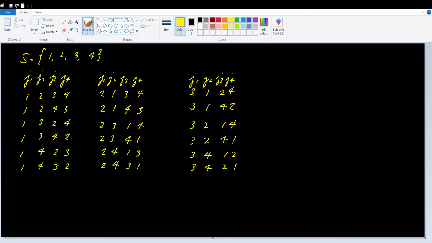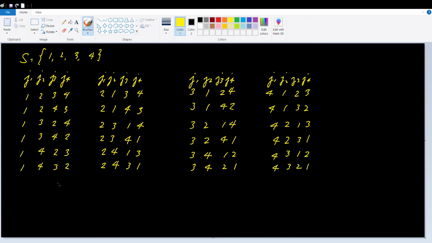Finally, those permutations that begin with the number 4: 4, 1, 2, 3; 4, 1, 3, 2; 4, 2, 1, 3; 4, 2, 3, 1; 4, 3, 1, 2; and 4, 3, 2, 1. Okay, so all in all, there are 24 permutations of S equal to the numbers 1, 2, 3, and 4.